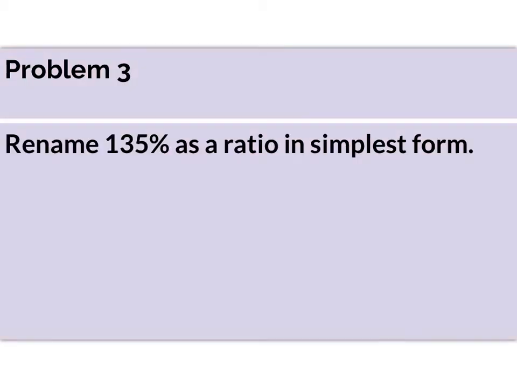In our last problem, rename 135% as a ratio in simplest form. So you can take 135 divided by 100. We're going to reduce the fraction by dividing by 5 over 5. 135 divided by 5 is 27, and 100 divided by 5 is 20, so 27 over 20.